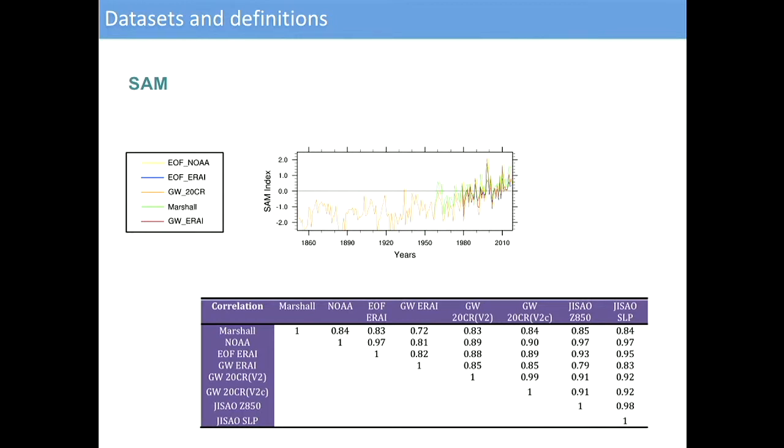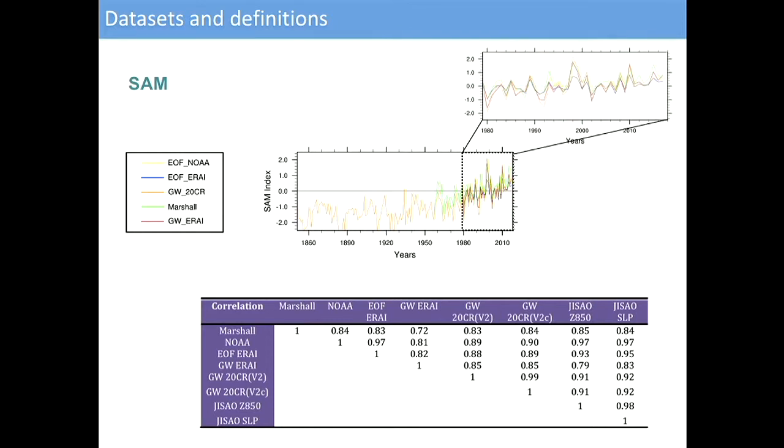To first order, they're fairly strongly correlated, particularly if they're using the same method. But there are some differences people have to be aware of. If you look over the satellite era, they line up fairly well.